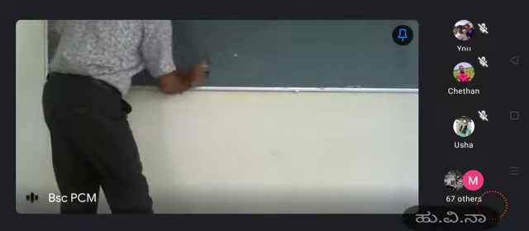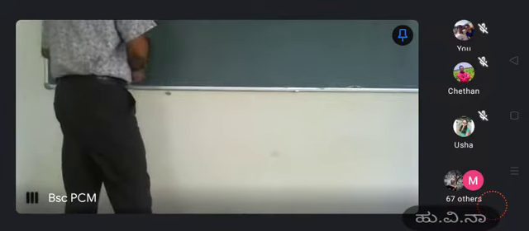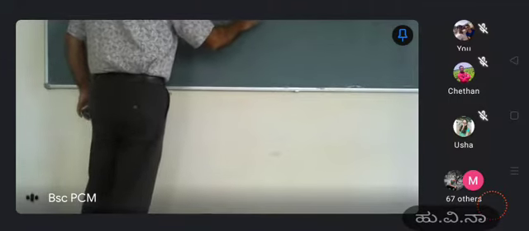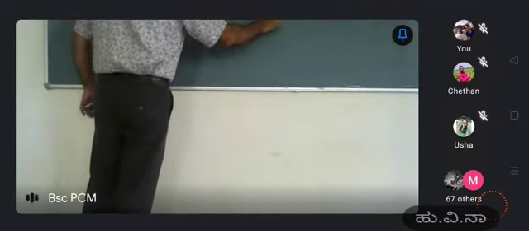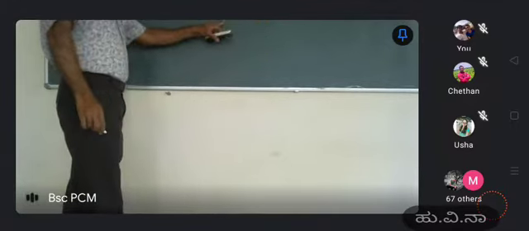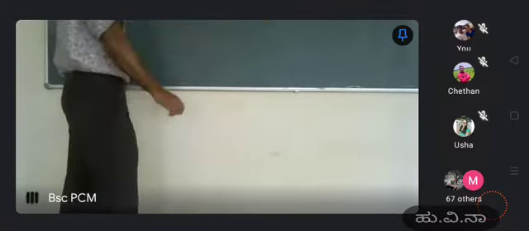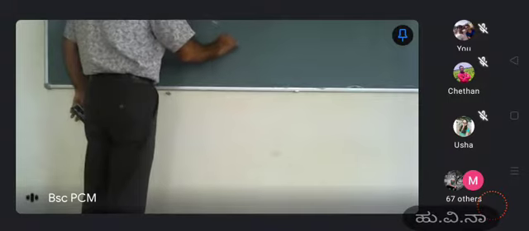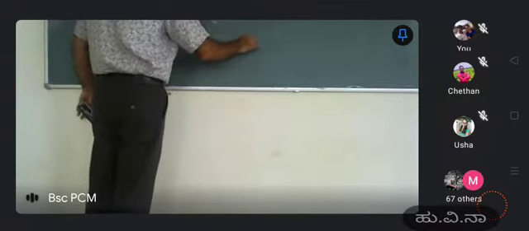That is called the Bohr atomic model, given by another scientist, Niels Bohr. Niels Bohr applied a quantization rule to this.